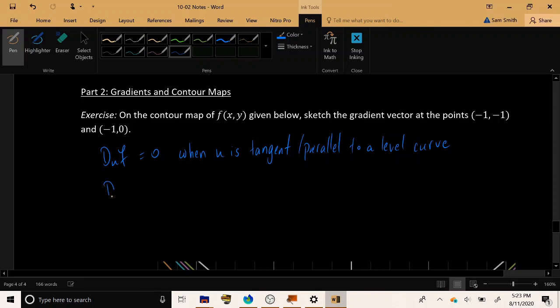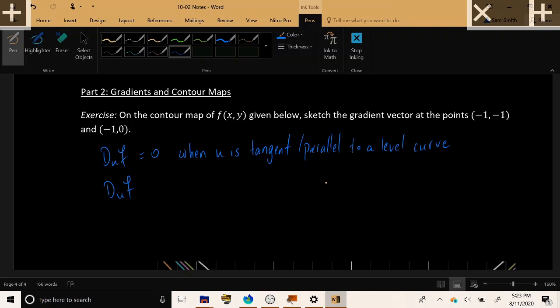If you want this quantity to get as far away from 0 as you possibly can, as large as it can get, then you need u to be as far from parallel as possible. And the furthest away from parallel is what we call perpendicular.